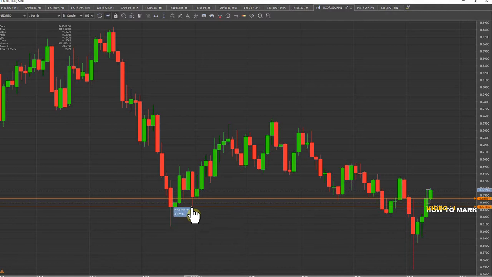Significant reaction at this level in December, market shot right up. Significant reaction on this level in August, market shot right up. Significant close in July, market closed here, rejected bears here, and the bulls pushed the market right up. So we know that's an important level.